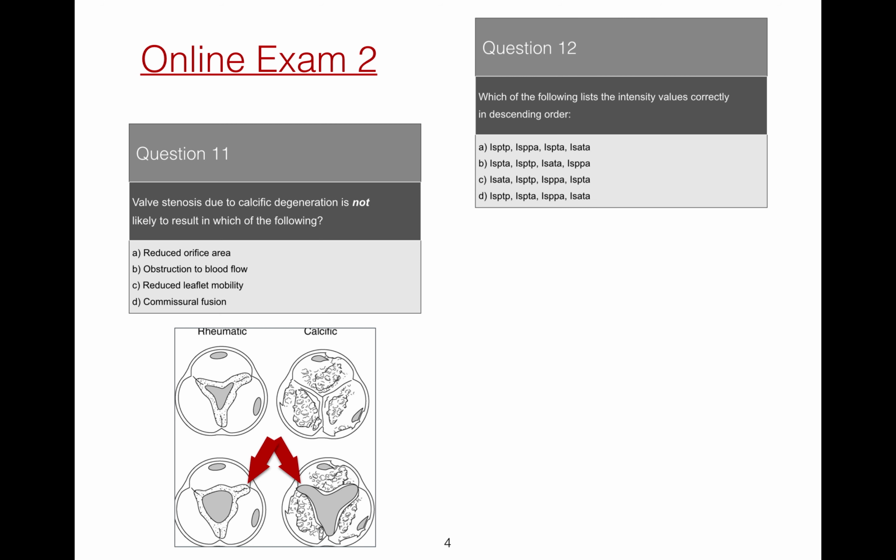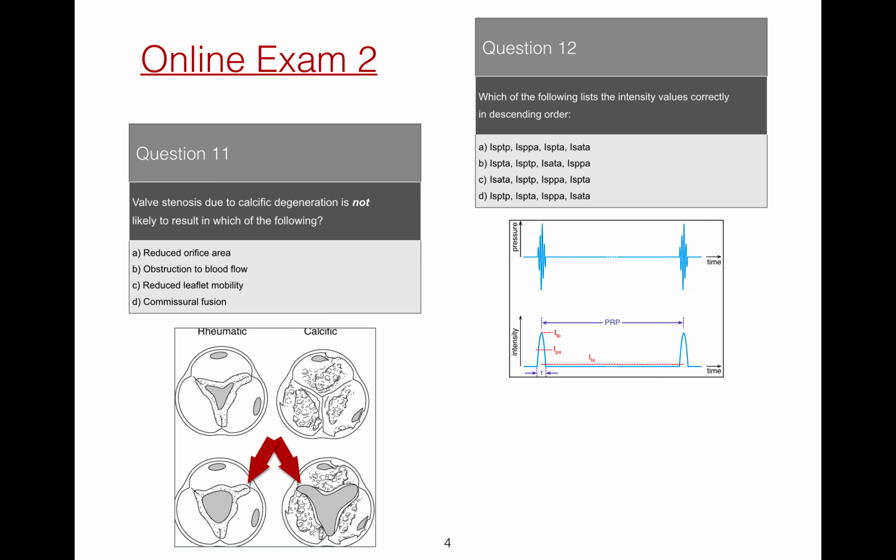Question 12 asked for the abbreviations related to intensity values to be listed in descending order, that is, from most intense to least intense. The question refers to spatial and temporal intensity values.